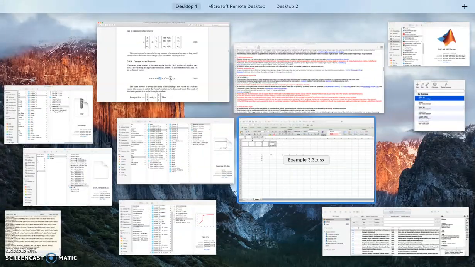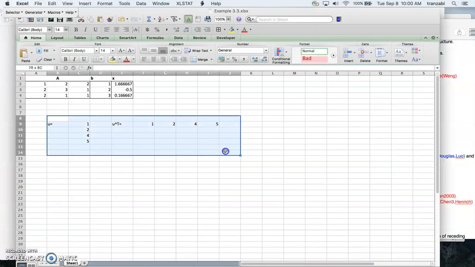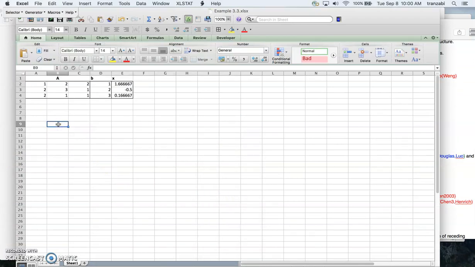Okay, so let me just carry out one example here. Let's say x is 1, 3, 5. And I have another vector, let's say y is equal to 5, 3, 1. And I'm going to calculate x transpose times y.